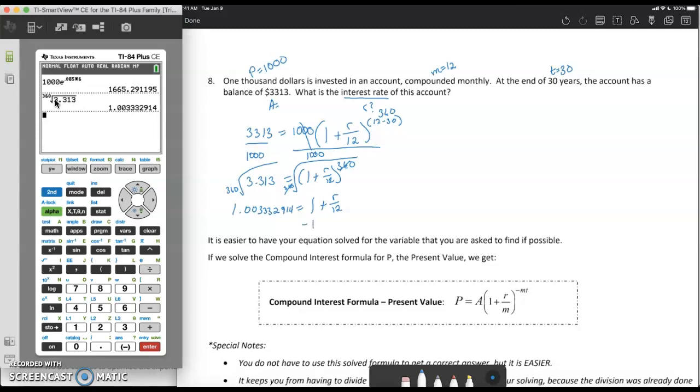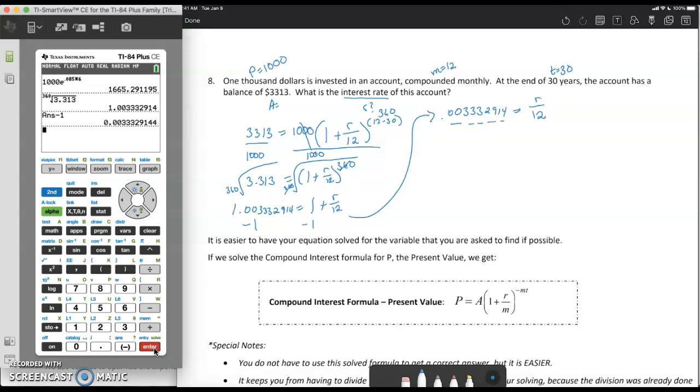So I know the next thing I need to do is subtract 1. Okay, so obviously that leaves me with just that decimal part. I'm going to write this down just so that you can keep track of what's going on, but again, I'm not taking this part out of my calculator.